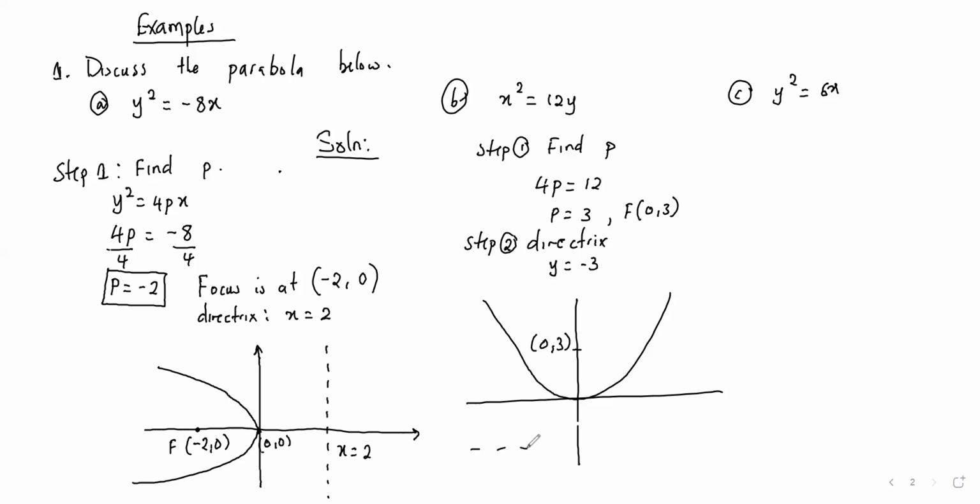And then we get y is equal to negative 3, like that. So 0, 0 there. So using the same approach, you can try C, so that it makes sense. So you need to have those pieces there.